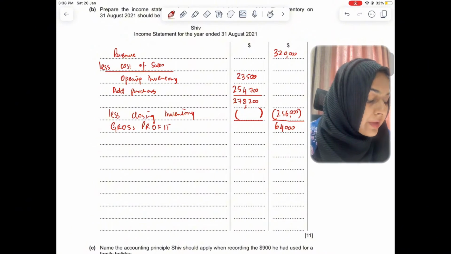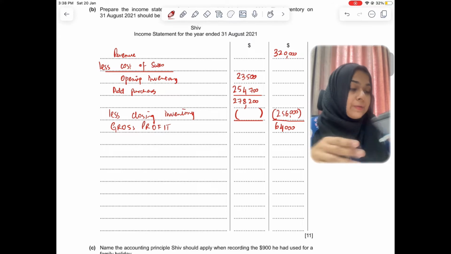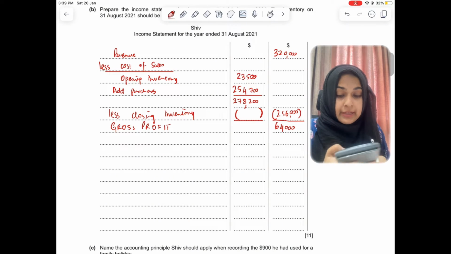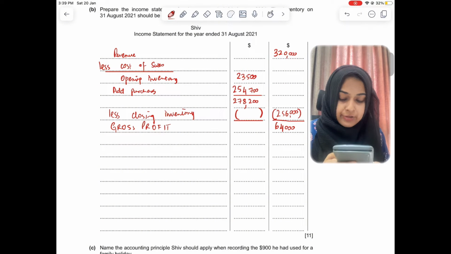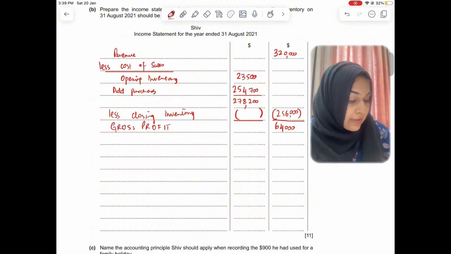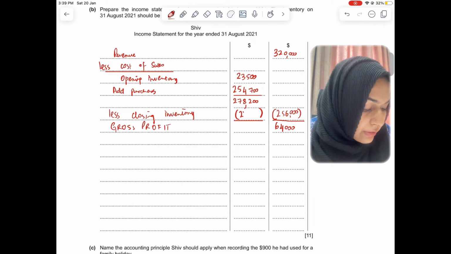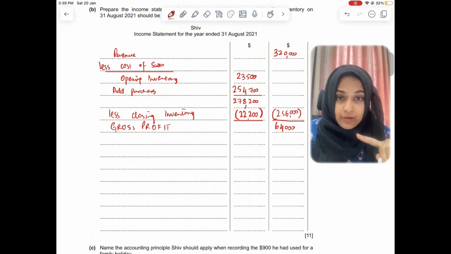So we have 256,000 here, that is our cost of sales, and the addition of opening inventory and purchases is 278,200. So when I subtract both of these, I get here 22,200.